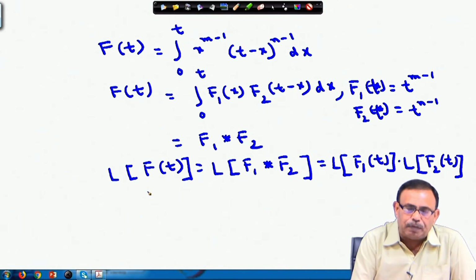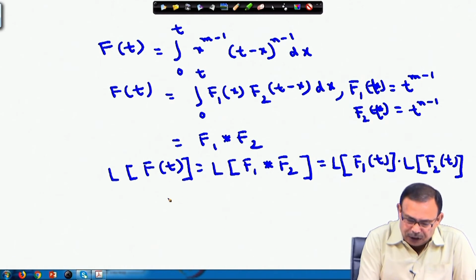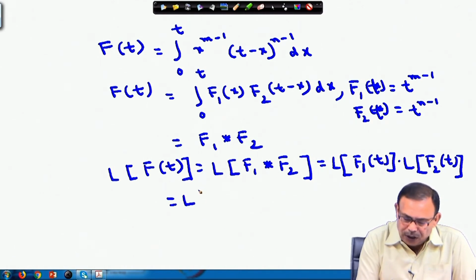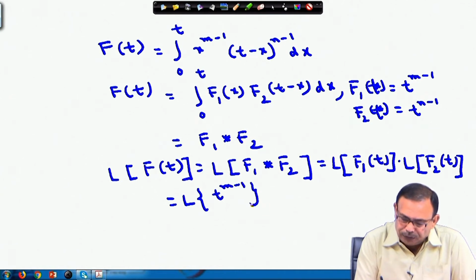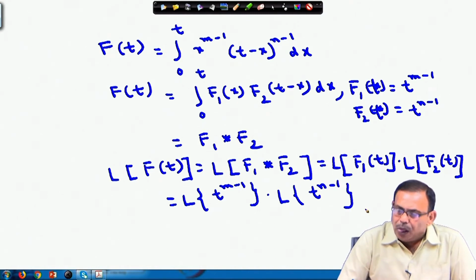So you are writing Laplace transform of f t equals Laplace transform of f 1 t into Laplace transform of f 2 t, where f 1 and f 2 are given here. So this equals Laplace transform of t to the power m minus 1 into Laplace transform of t to the power n minus 1, which are f 1 t and f 2 t respectively.